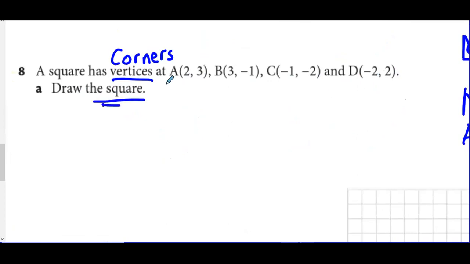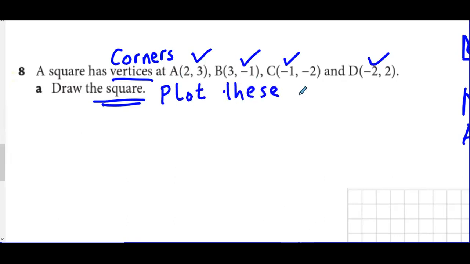Where do we draw a square? We draw this square because we are given the coordinates. So what I'm going to do is plot these coordinates on a graph paper.